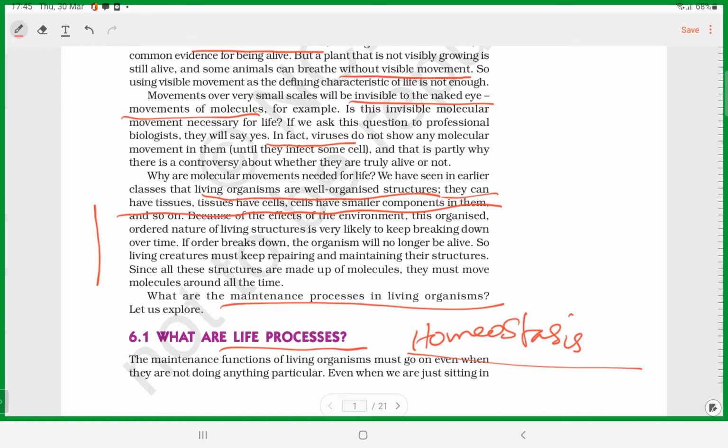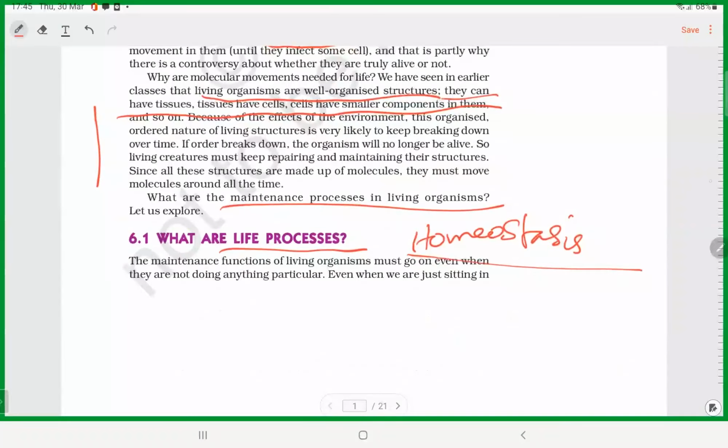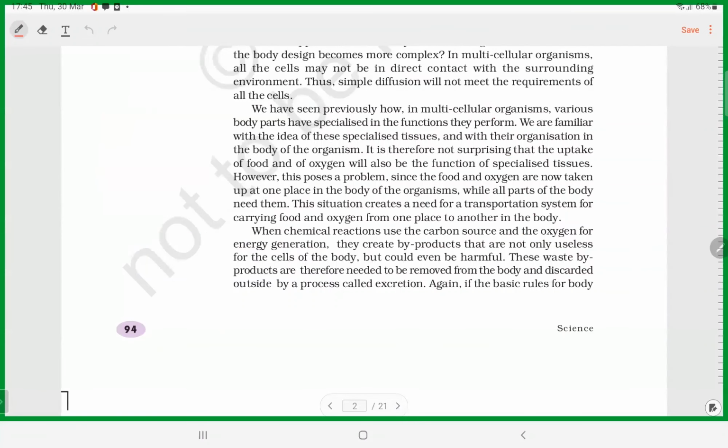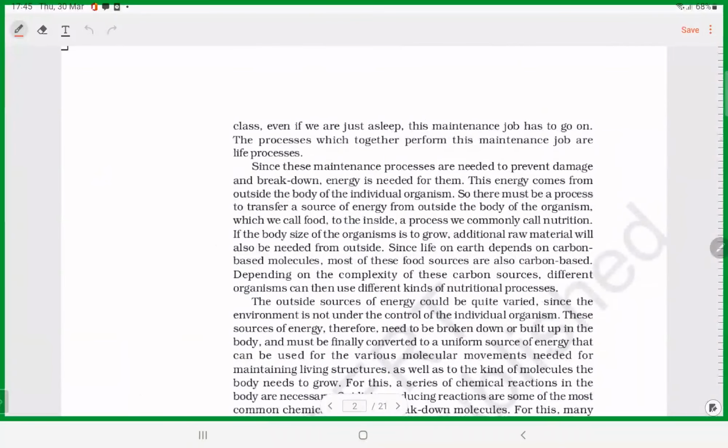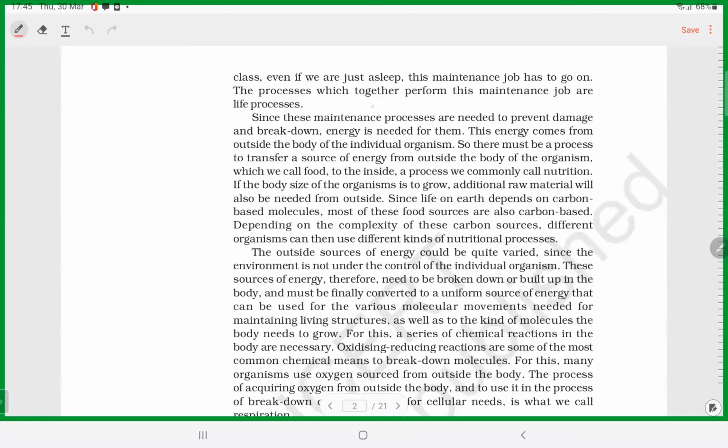Okay, now, so we know the life processes. Like in this chapter, what are the life processes? The life processes together. Nutrition, means nutrition, respiration, transportation, excretion.